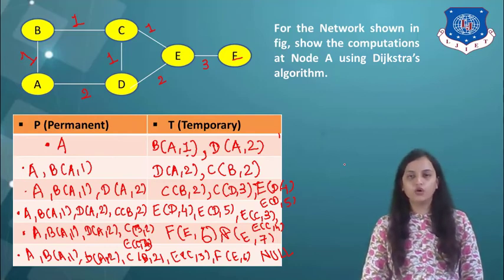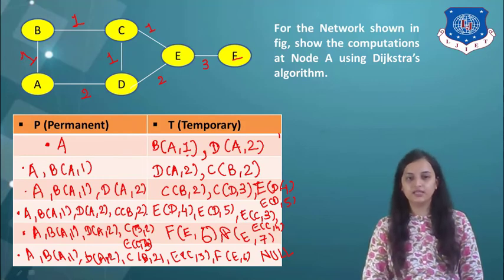Now if we want to draw the shortest path using this table, we always have to refer to the last permanent node, which is given first, and follow this. That means the first node is A. Then we are shifting to BA1. That means the destination node is B with the distance 1.